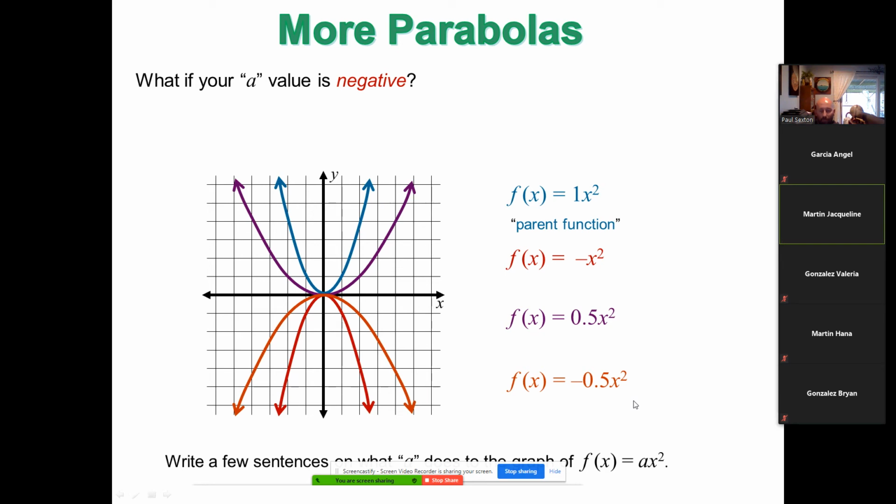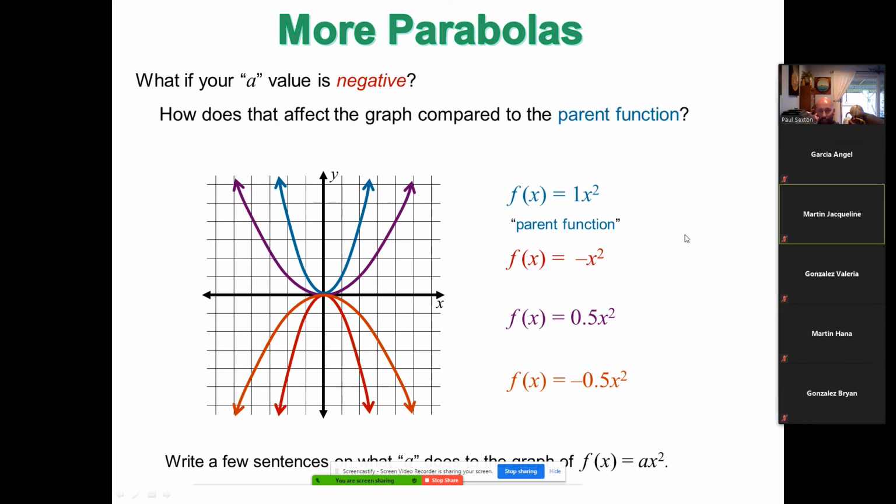I said the a value determines if the shape of the graph is going to be steep, skinny, or wider. Basically, how it transitions. Ooh, nice. Jackie, very good. Did you say anything about it being positive or negative? Yeah, kind of. Okay. Make sure you guys mention that when a is positive, it opens up, and when a is negative, it opens down. And then you can always refer back to these if you need to for reference. Cool. Good job, Jackie. Thanks for sharing.